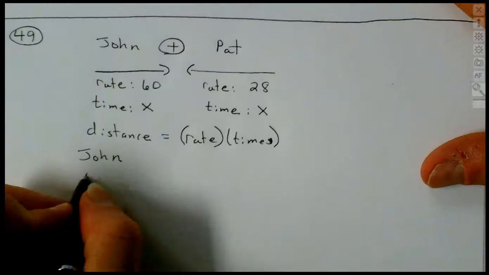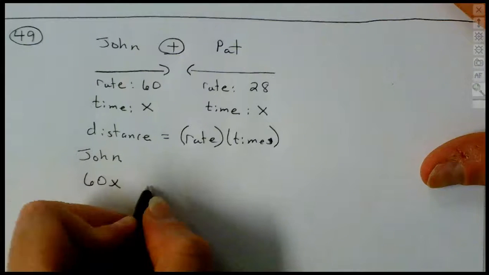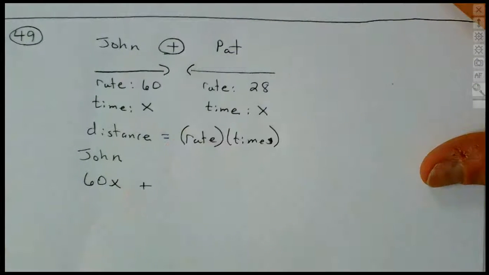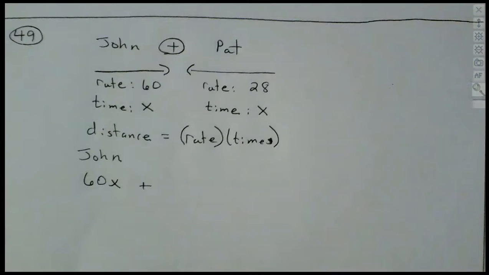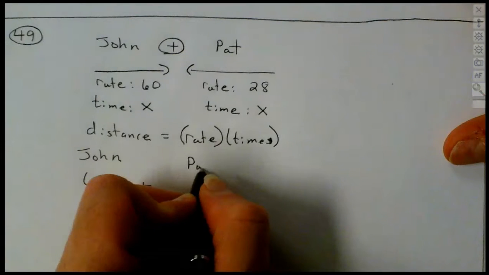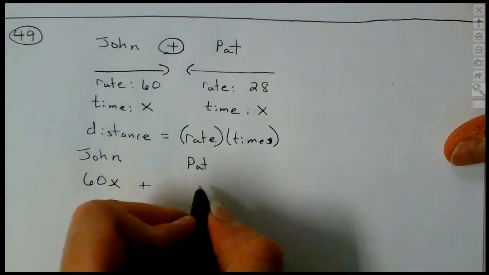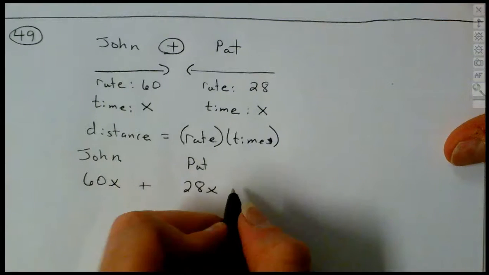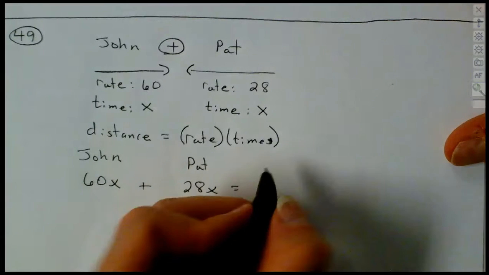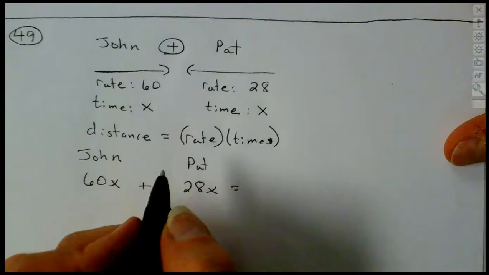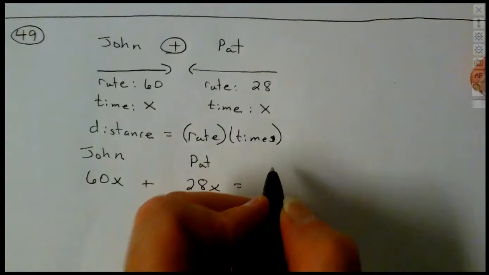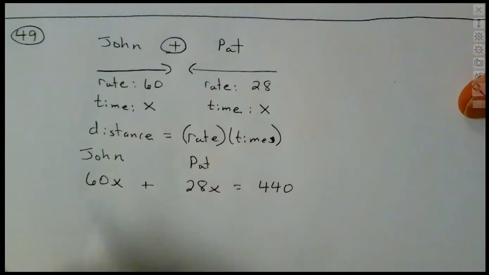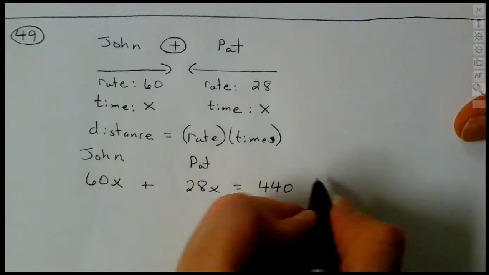Multiplying those together, 60x. They're going to add because they're going towards each other, opposite directions. What about Pat? Pat is 28x. And then what's the total distance apart? Yep, and it's 45, isn't it? No, 440. Sorry about that, 440. And that's the total miles apart.